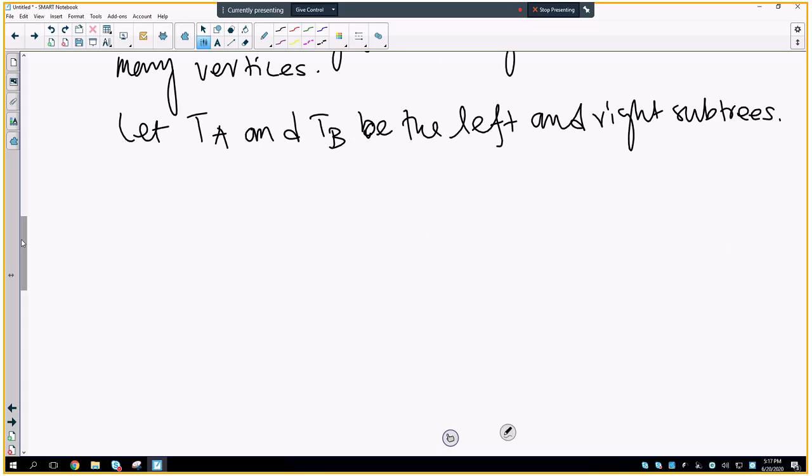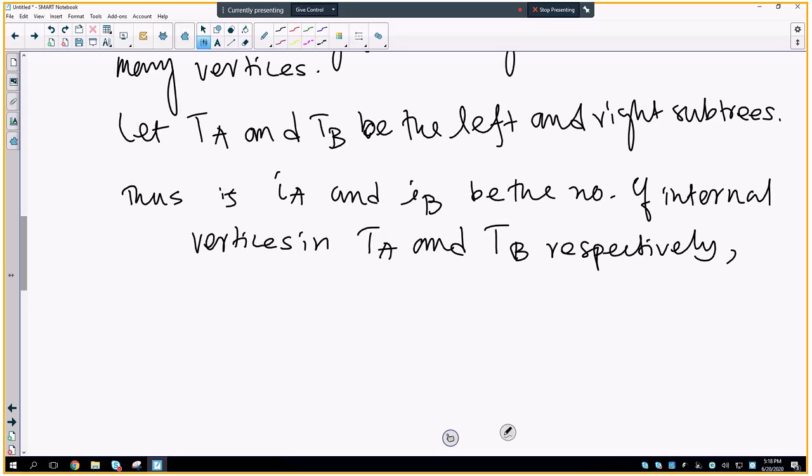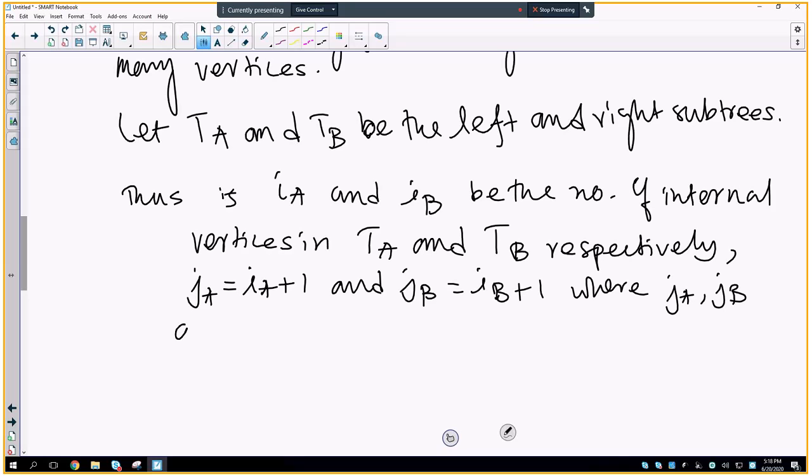Thus, if IA and IB are the number of internal vertices in TA and TB respectively, we get that JA, the number of leaves, is equal to IA plus 1 and JB is equal to IB plus 1, where JA and JB are the numbers of leaves in TA and TB respectively.